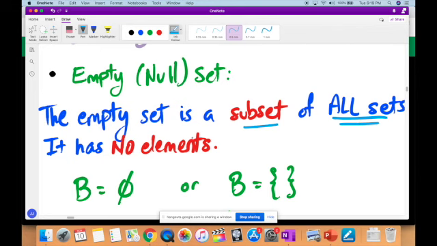And the empty set is also an improper subset of itself. See if that one makes any sense to you. Remember, the empty set is empty, so it has no elements. So we could call the empty set by this symbol here, or we could just use curly brackets that have nothing in it. Yeah?